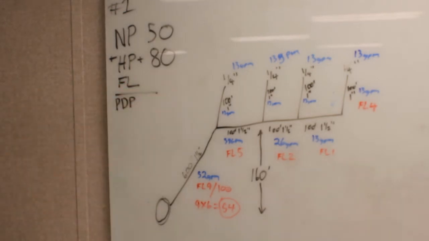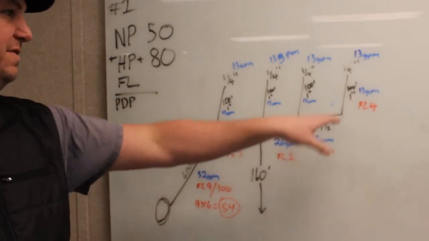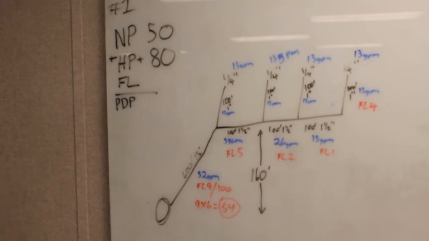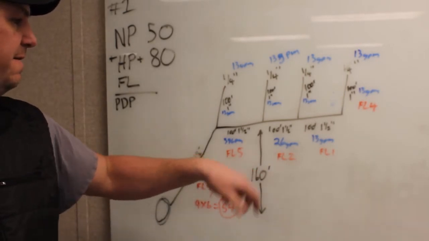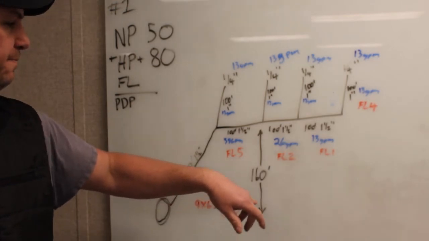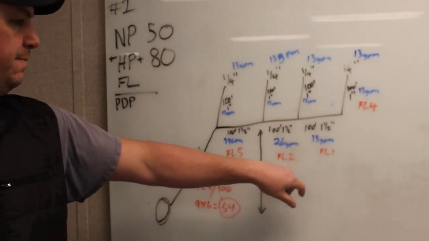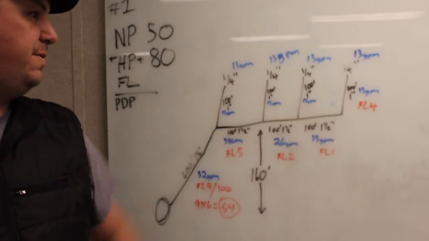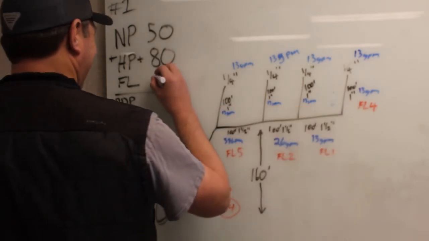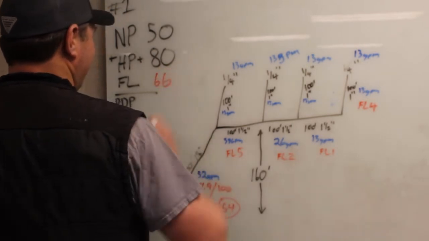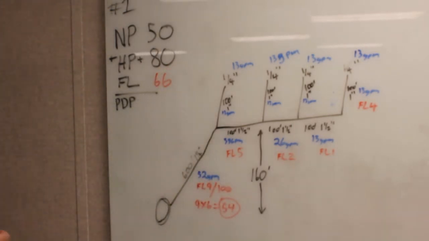All right, to come up with this number here in my main equation, I simply add all of these together. So 54 plus 5 is 59, 61, 62, 66. That's 66 psi of friction loss for the whole thing.